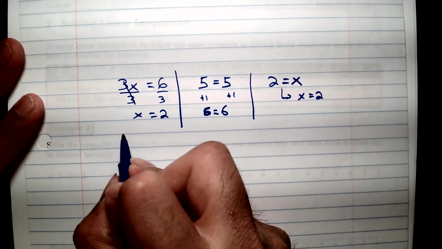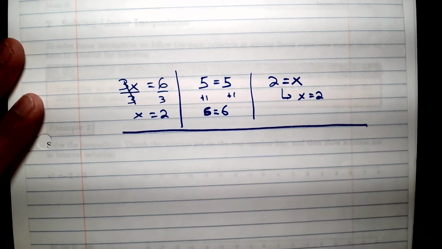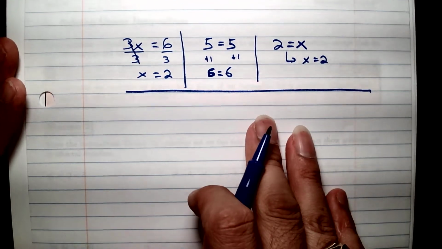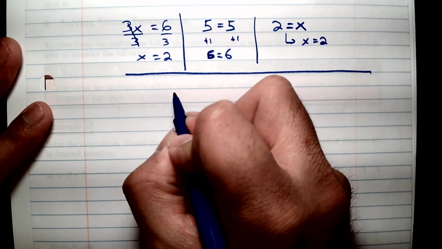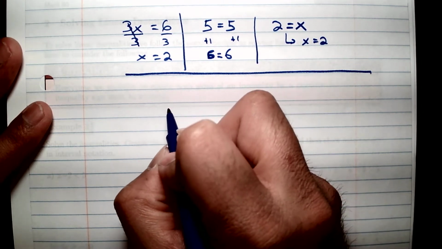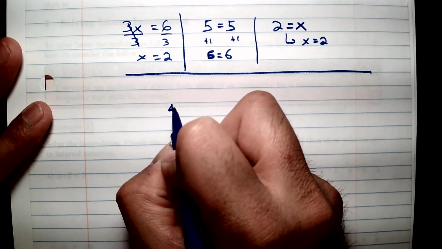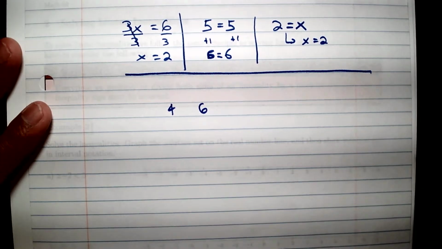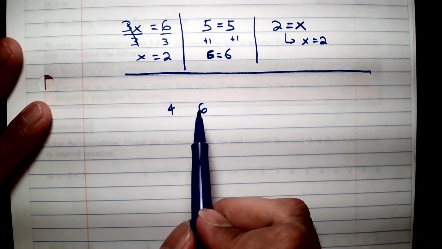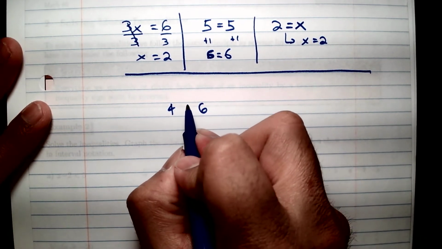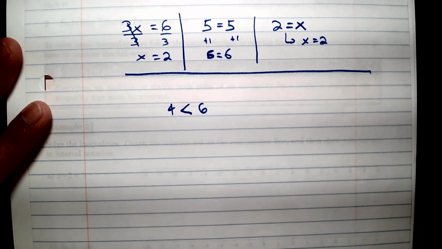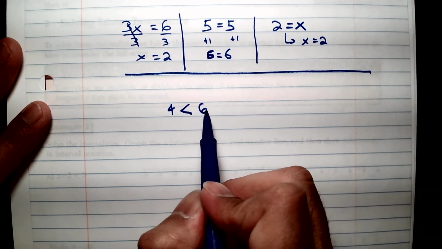Let's put something that is a true statement. For example, between 4 and 6, which one is larger? If you look at these two numbers, the number 6 is larger, so the corresponding inequality sign would be 4 less than 6.